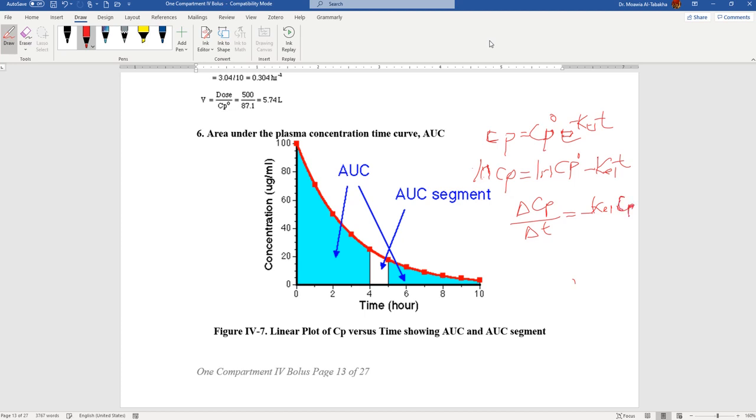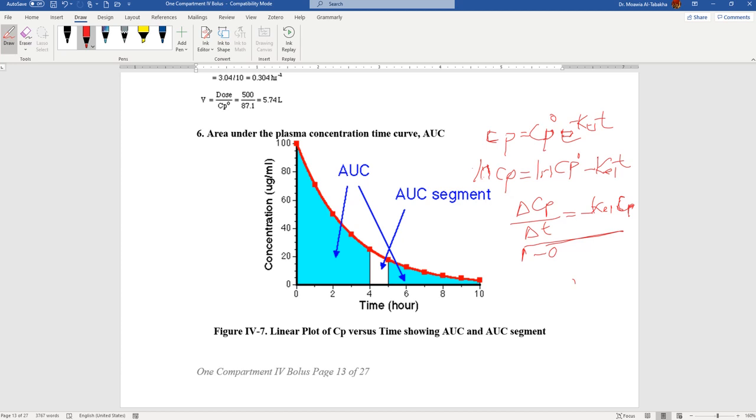Just looking at this equation, I need to explain it even further now. When we say delta Cp, it means the change in concentration, and delta t is the change in time. For example, let's say time 1 hour and then time 0.